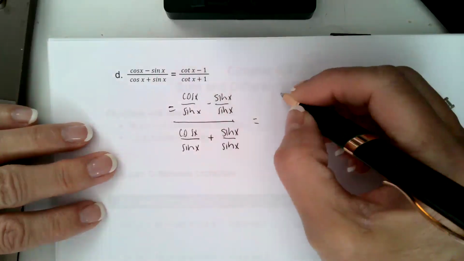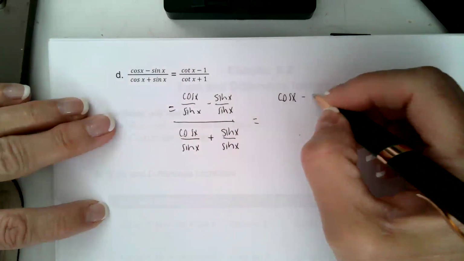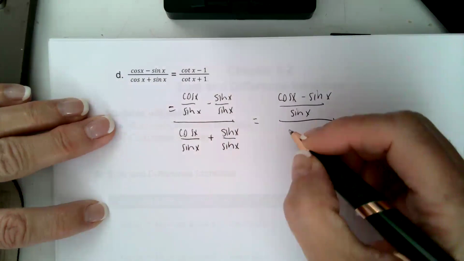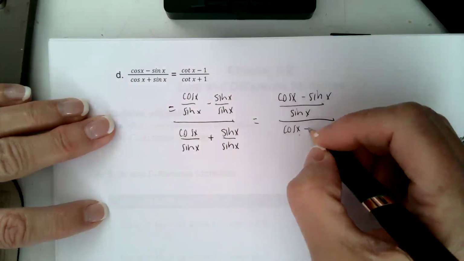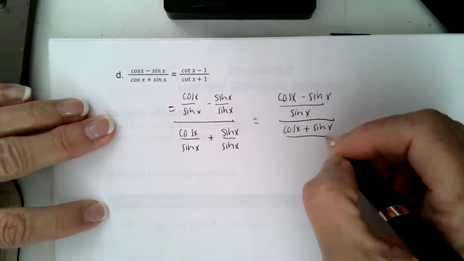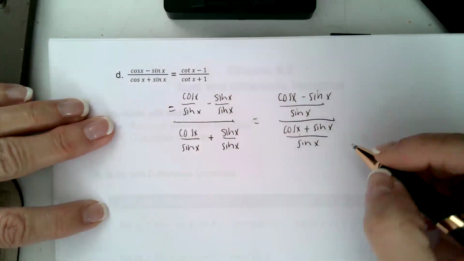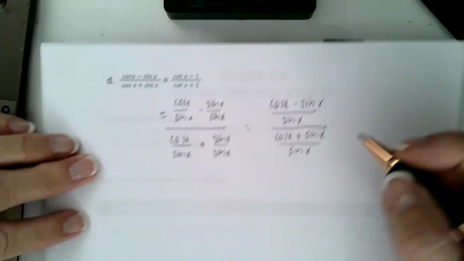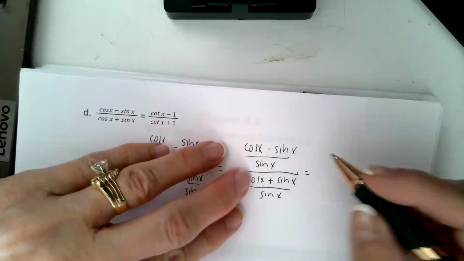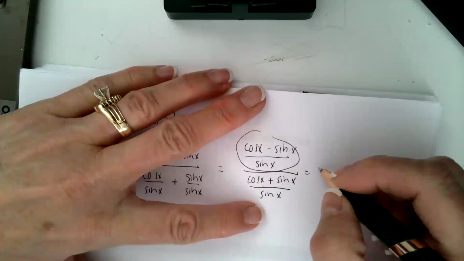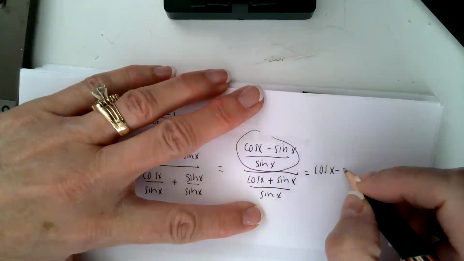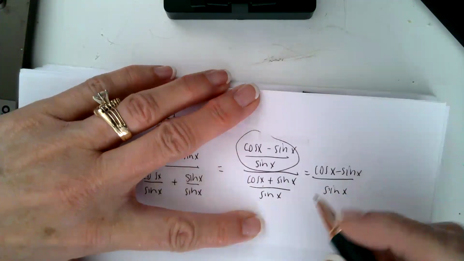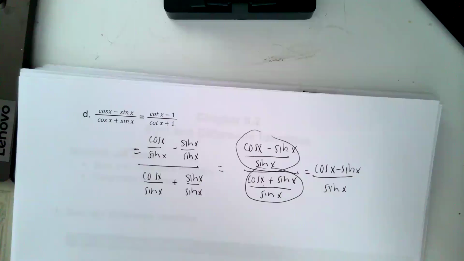So now I have cosine x minus sine x all over sine x, all over cosine x plus sine x all over sine x. And that's really taking this top fraction and multiplying by the reciprocal of the bottom fraction.